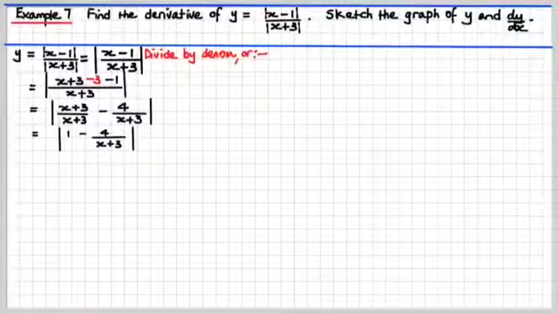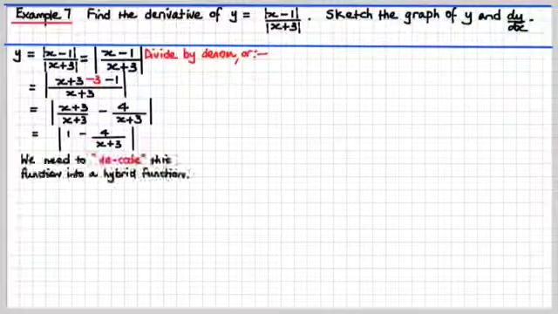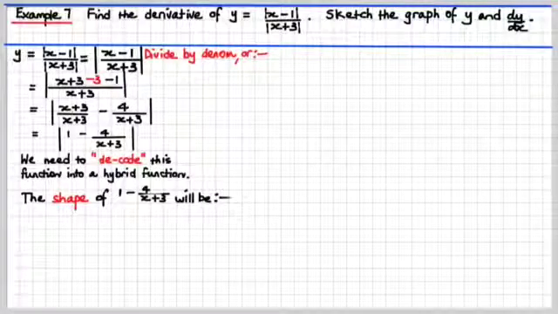Now that's a completely different picture in terms of how we can look at it graphically, from what you had in the first instance. We can now decode it, in quotes, to turn it into a hybrid function, and then it'll be easy for us.